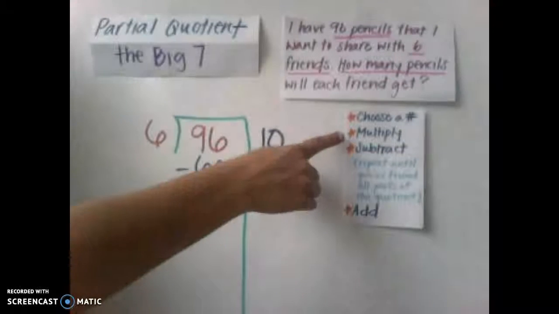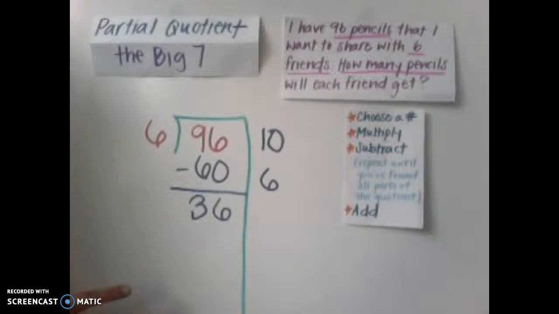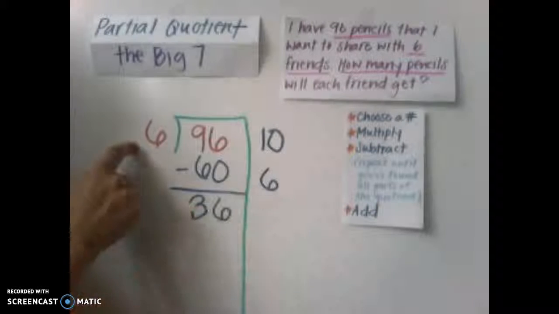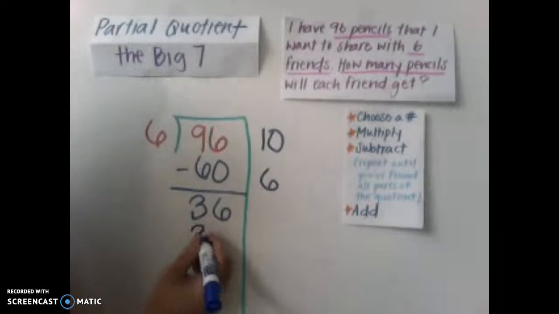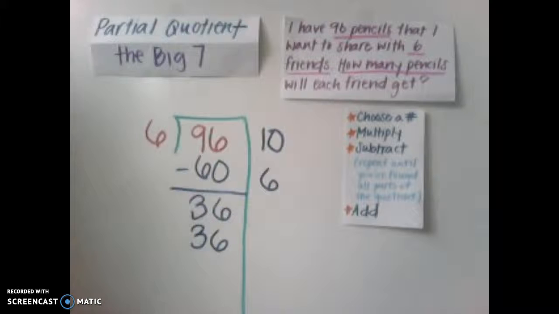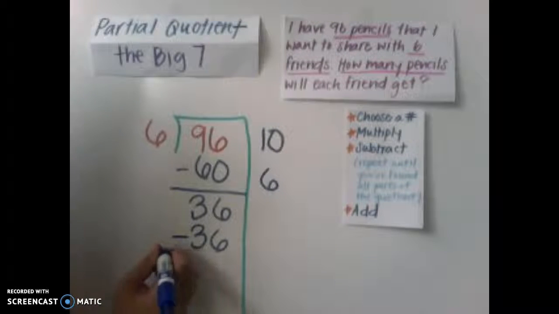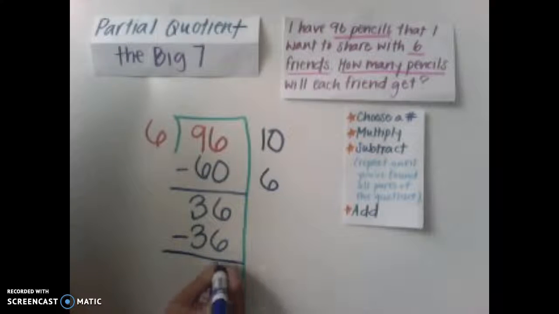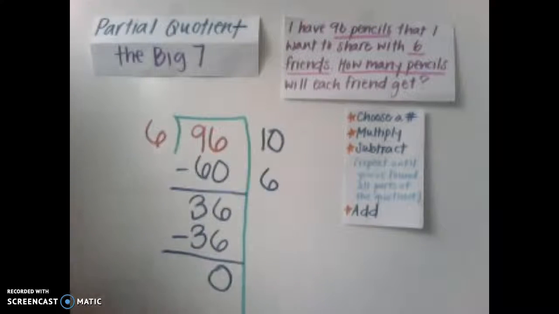So now I want you to multiply and write your answer here. Are you done yet? All right, 6 times 6 is 36. I've given out 36 more pencils, so now I have 0 pencils left.